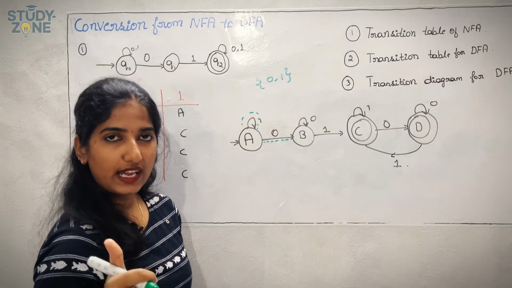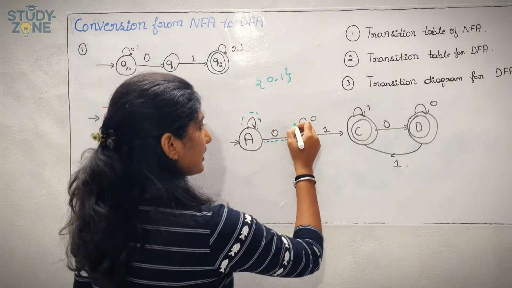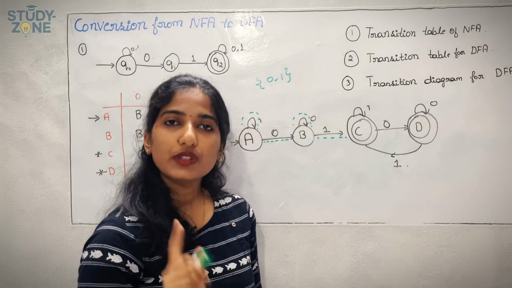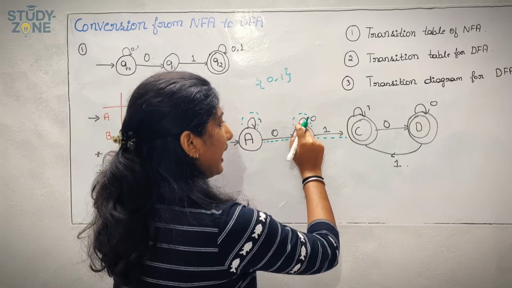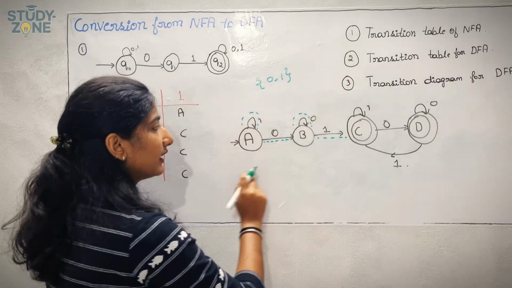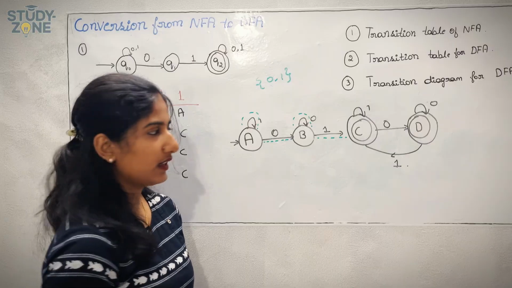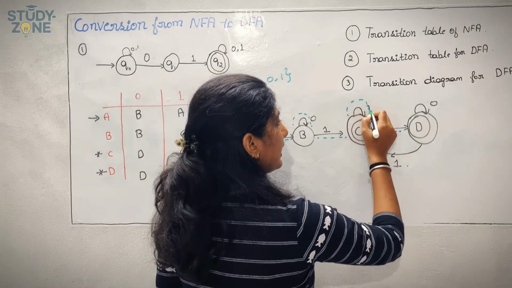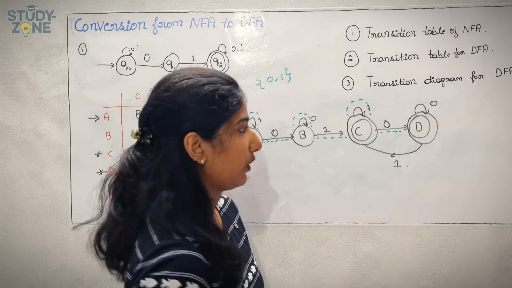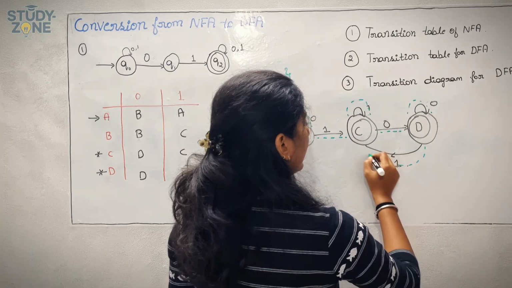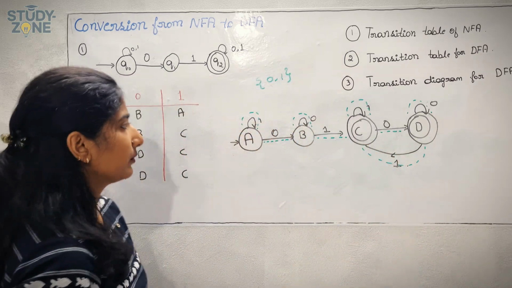So for A it is correct. B is also having transitions for 0 and 1, and we should have a unique transition. There is no other transition for 0, right? And then C on 0 it is moving to D, and C on 1 it will be there in C only. D on 0 it will be there in D. D on 1 it will be moving back to C.